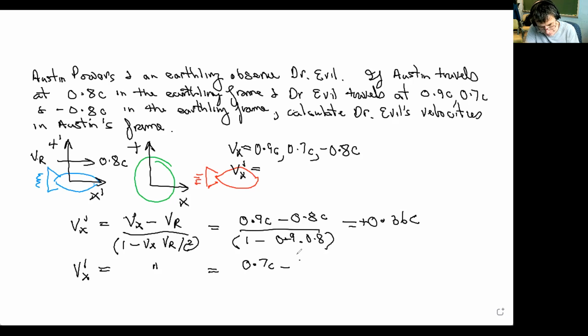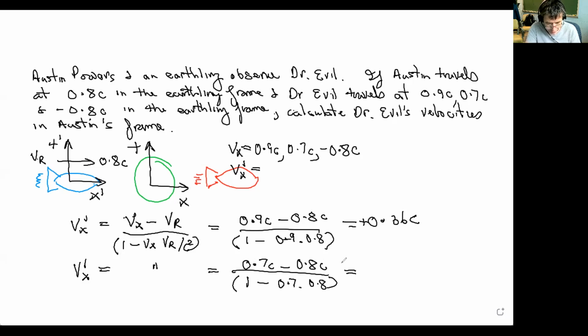And so in the numerator, there's 0.7 of the speed of light minus the speed that Austin Powers is traveling at in the Earthling reference frame. That's not changed, so it's still 0.8 times the speed of light. And then in the denominator, this new Lorentz transformation term is going to be 1 minus now 0.7, not 0.9, times 0.8, the product of Dr. Evil speed and Austin speed.